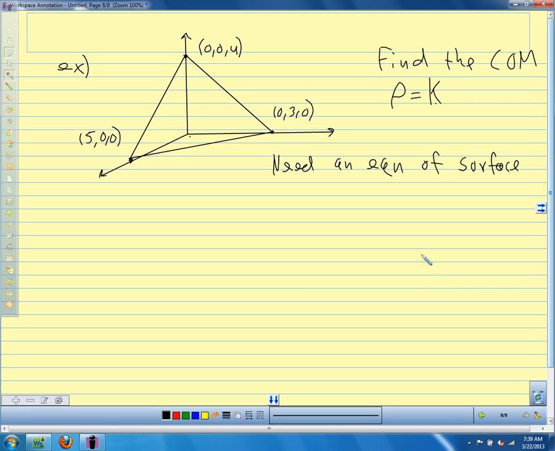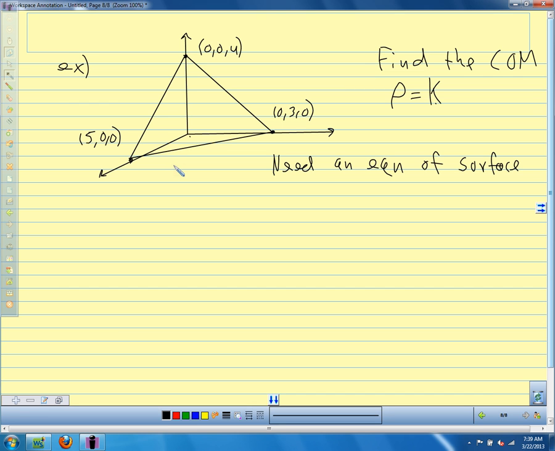How are we going to get an equation of our surface? What kind of surface is it? It's a plane. So how are we going to get an equation of this plane? Anybody have an idea? Well, for one thing, when x and y are 0, z equals 4, so we have a point on the plane.